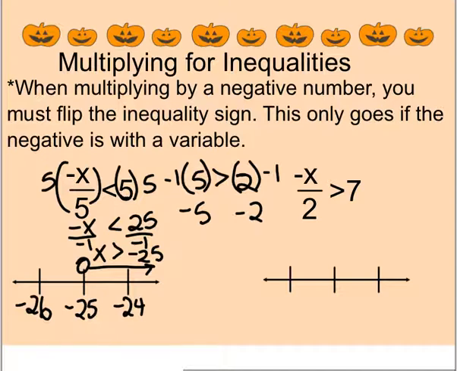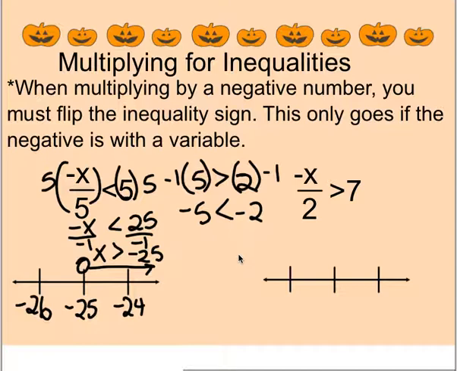And if I kept my greater than symbol in here, I would have changed this statement to the point that it's not true anymore, because negative 5 is not greater than negative 2. It's actually less than. So in order to keep our numbers and our inequalities staying true, we must flip the sign when we multiply or divide by a negative number.